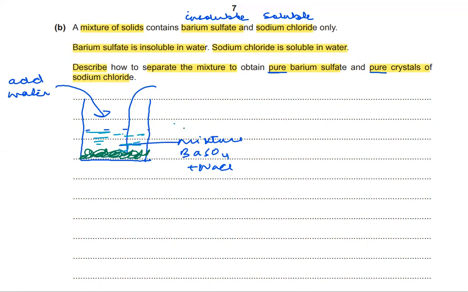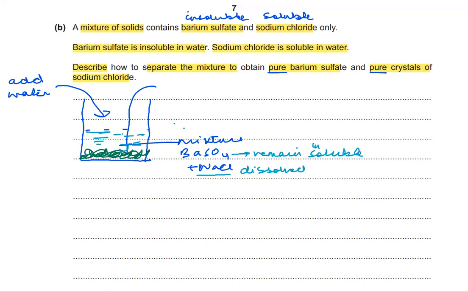The soluble NaCl will get dissolved in water, whereas the barium sulfate remains insoluble. So the two substances separate out on the basis of solubility. One gets dissolved to give the solution, whereas the other, because it's insoluble, remains insoluble.